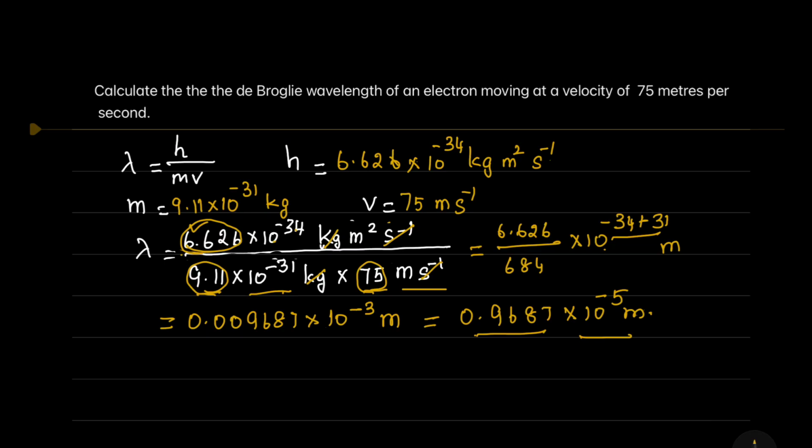It is neither detectable nor measurable. So we conclude that our results agree with the de Broglie concept that every object in motion has a wave nature and it is detectable only for very small particles like electrons and other subatomic particles.